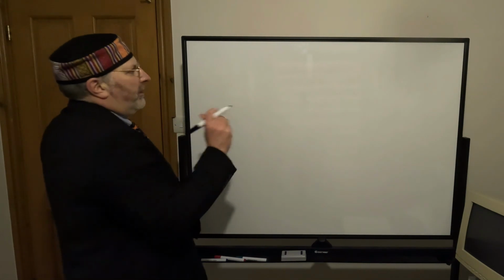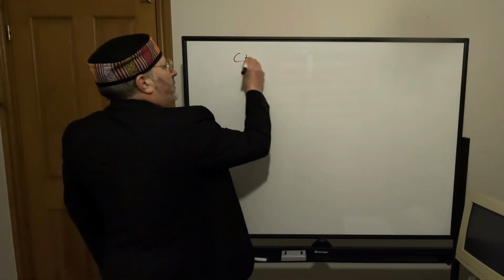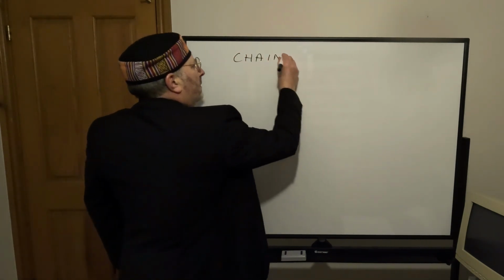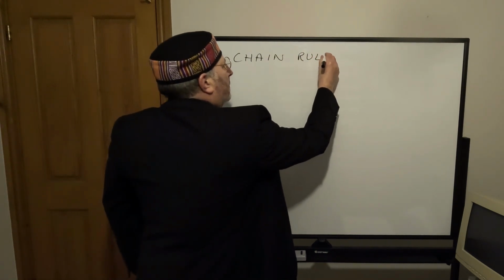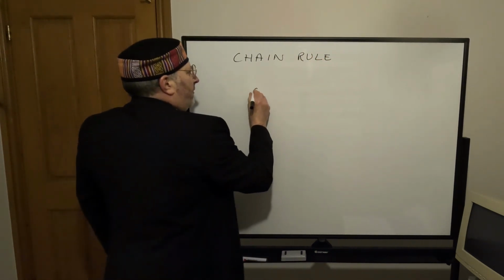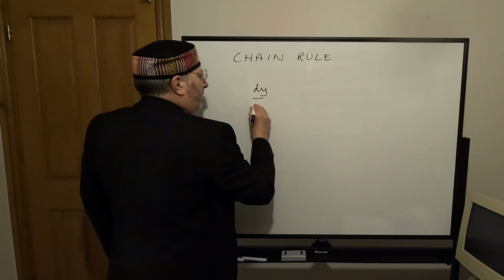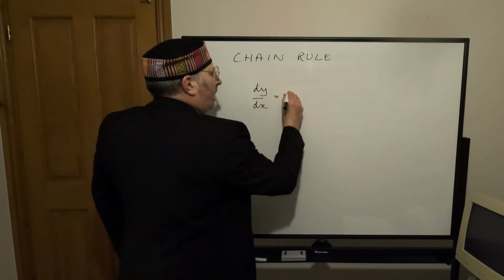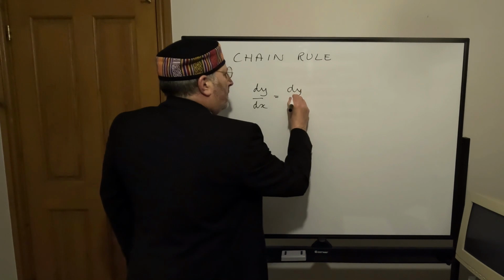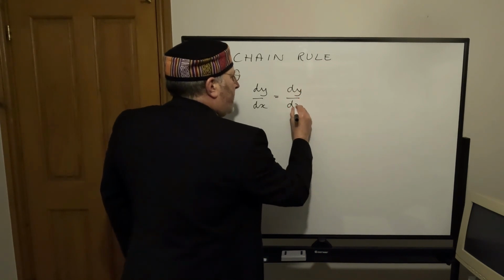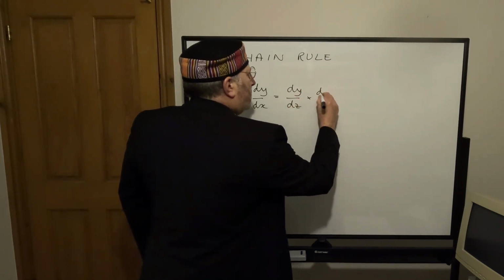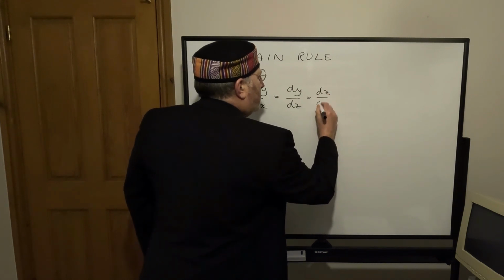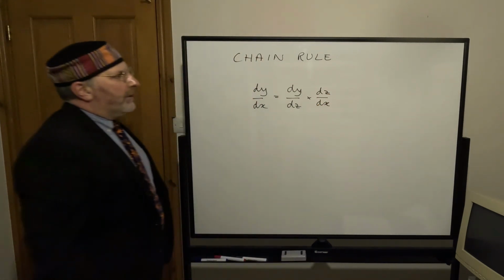And the next one we'll consider is very important. It's known as the chain rule. Which says that dy by dx is equal to dy by dz times dz by dx.